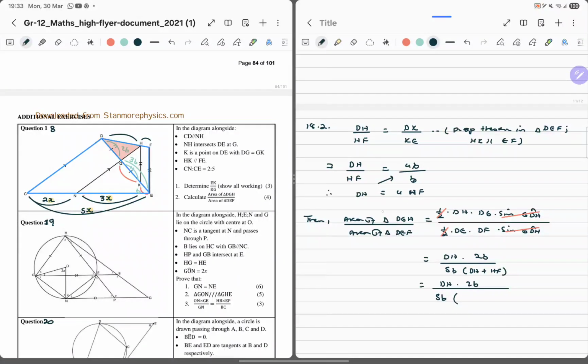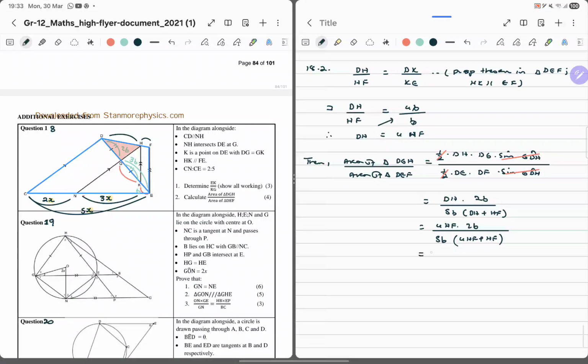Now what do we want to do? Well, we want to substitute this guy with 4 times HF, so that we go again, say 4 times HF plus HF. Okay, we're winning.